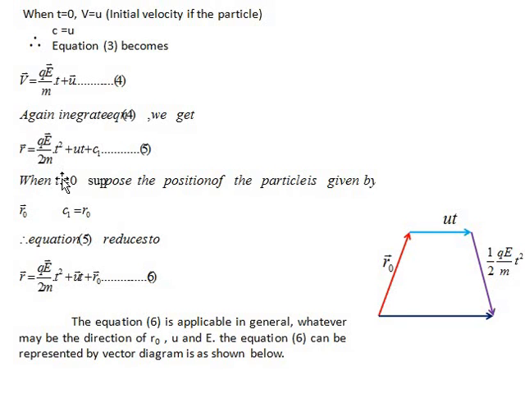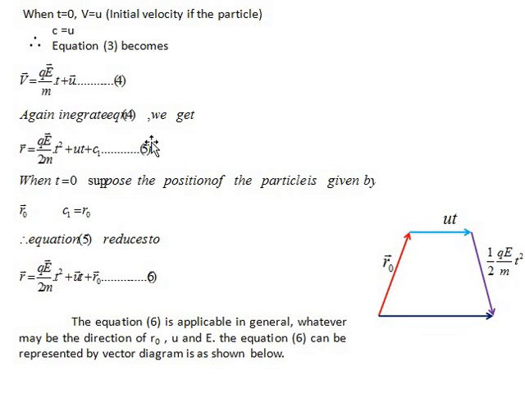Okay, so when t is equal to 0, suppose the position of the particle in the electric field is represented by r naught. Then at t is equal to 0, this term becomes 0 and this term also becomes 0. So r becomes equal to c1. That position vector we represent by r naught. So c1 becomes equal to r naught, the position of the particle.